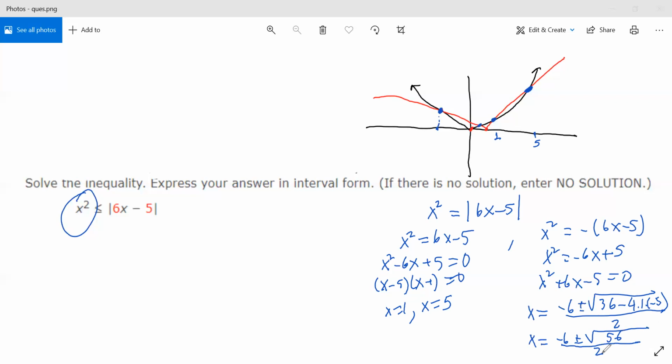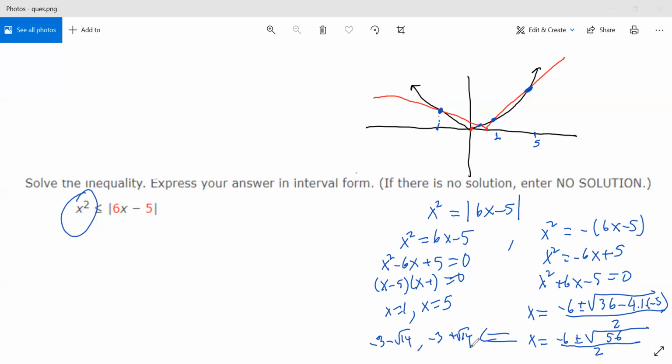And when we simplify this, we're going to get two numbers, one of them is negative 3 minus root 14, and the other one is negative 3 plus root 14.